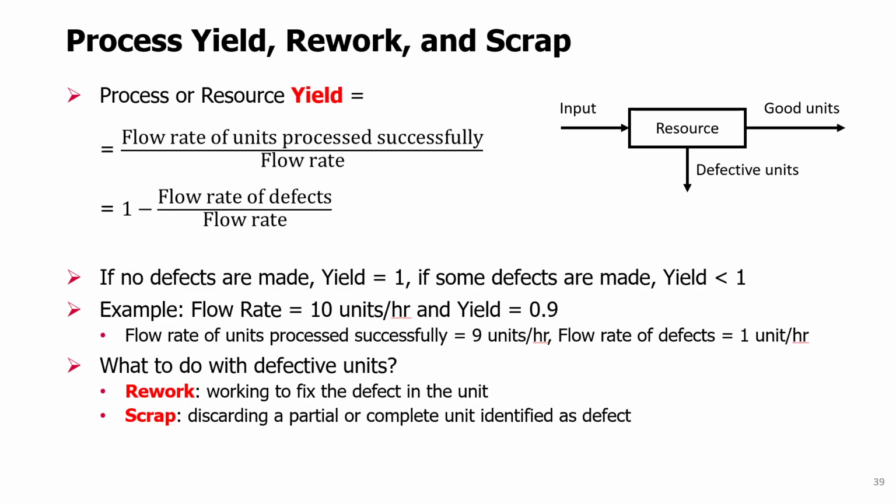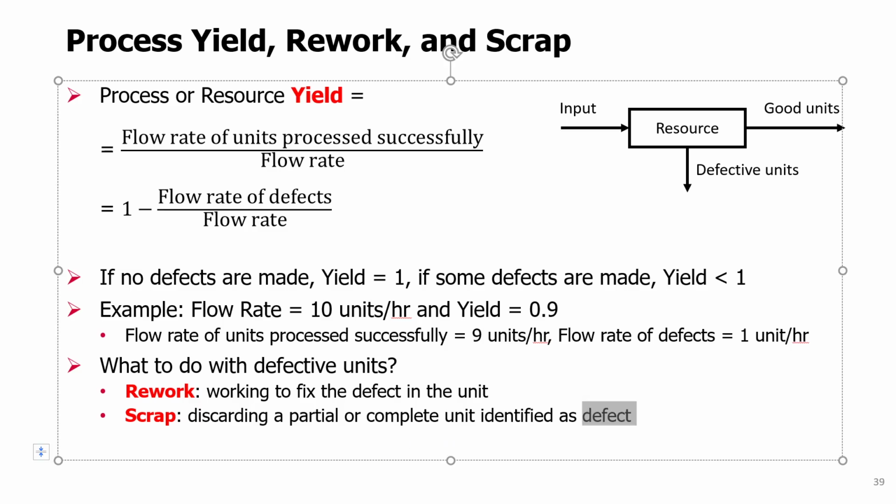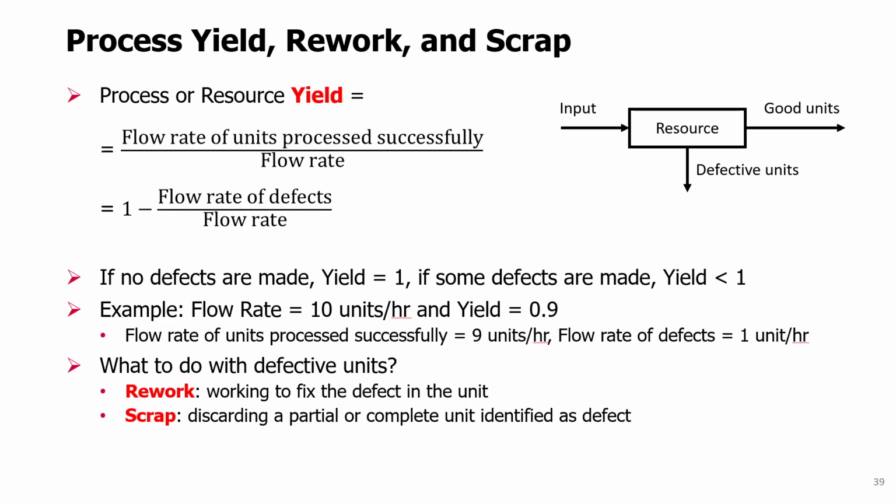And the other alternative is to scrap or discard a partial or complete unit identified as defect, maybe because it doesn't make economical sense to try and fix something, or sometimes it's actually impossible. Regardless of whether we choose rework or scrap, the yield that is less than 1, less than 100%, will usually have an impact on process capacity.